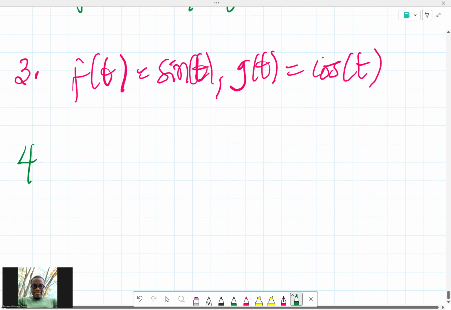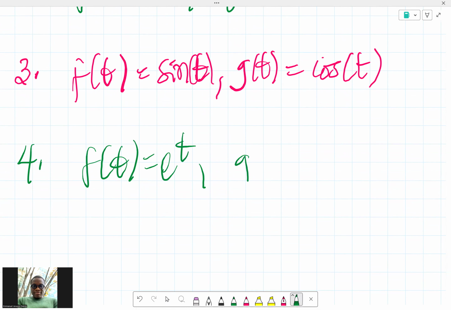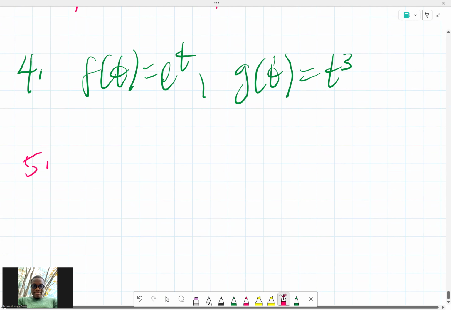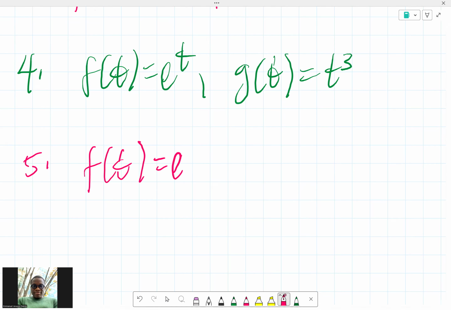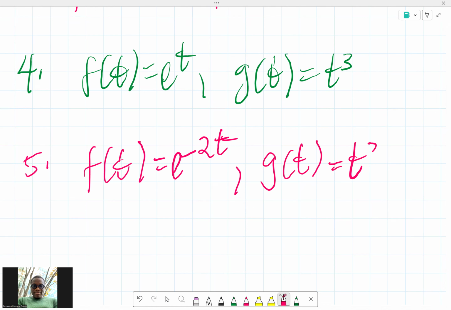Number four, f of t is e raised to power t, g of t is t raised to power 3. Number five, f of t is e raised to power minus 2t, and g of t is t squared.